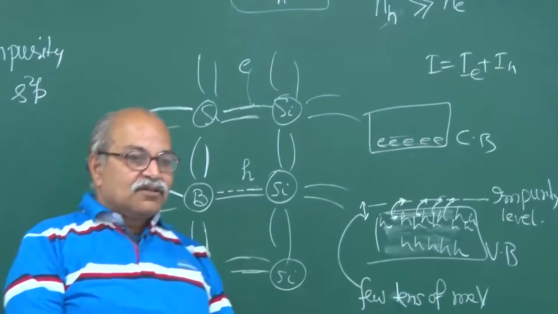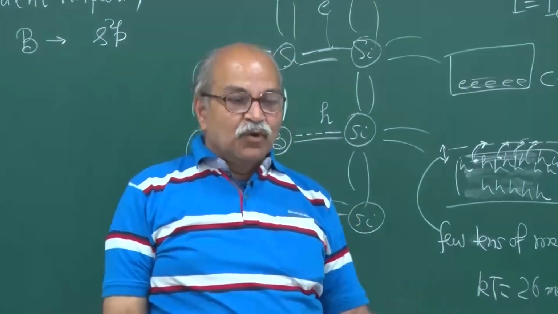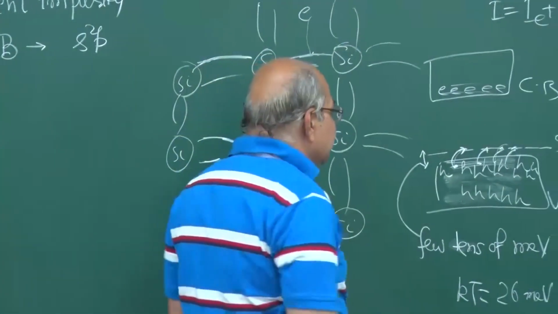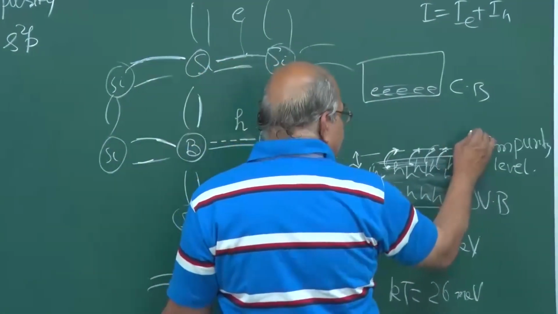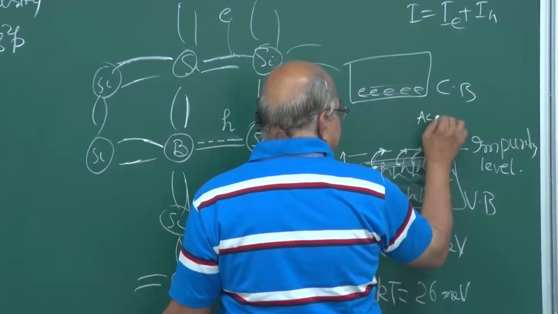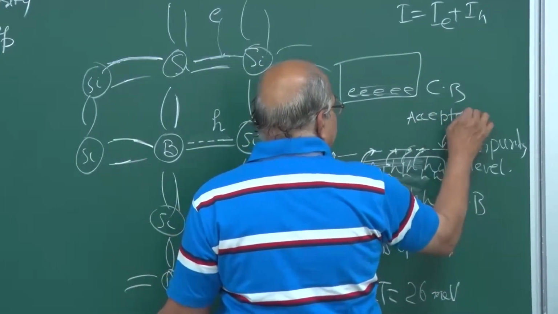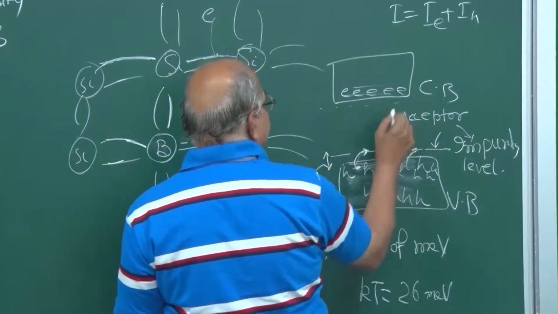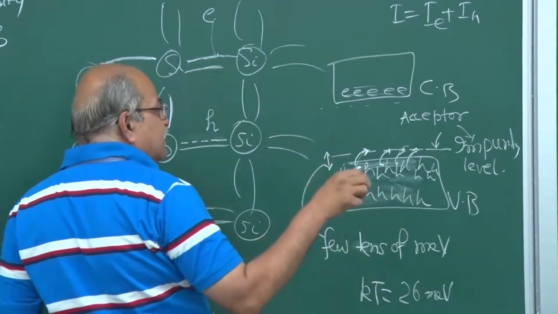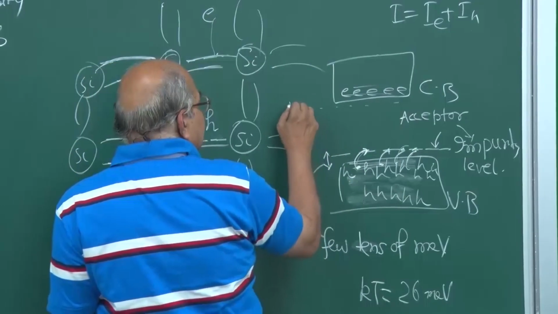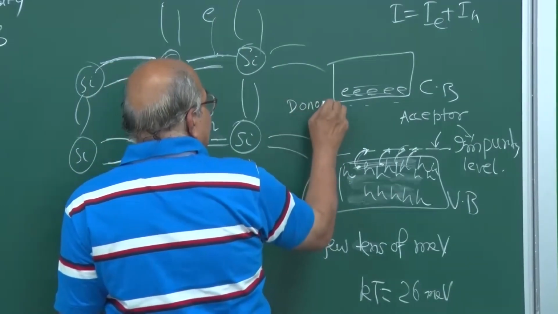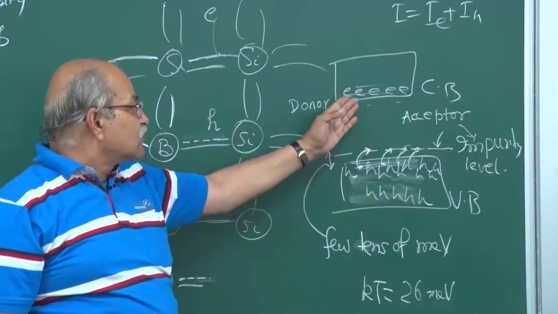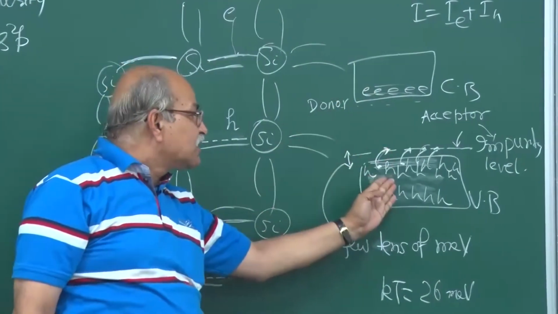So both kinds of doping, p-type doping and n-type doping, create impurity levels. By the way, there's another name for this. This is known as acceptor energy levels. And the energy levels which were created when we did n-type doping are known as donor impurity levels because they donate electrons, and these accept electrons from here.